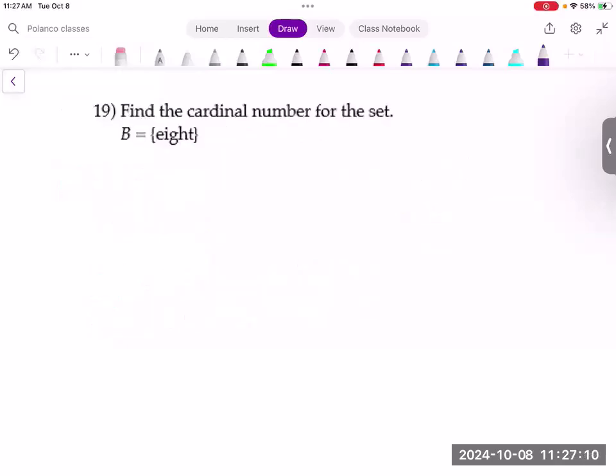All right, so the cardinal number. The cardinal number is how many elements are there, right? How many elements do you see there, guys? The cardinal of B, sometimes they put number of elements in B. The number in B is actually equal to 1, right? So let me change this one slightly.